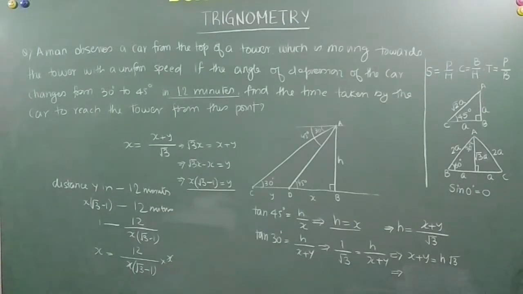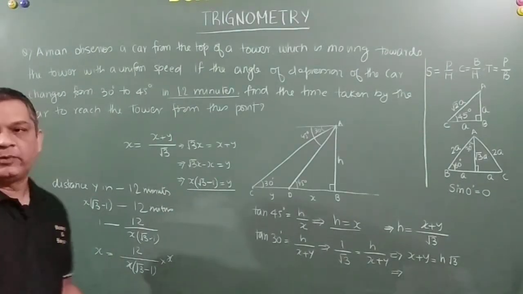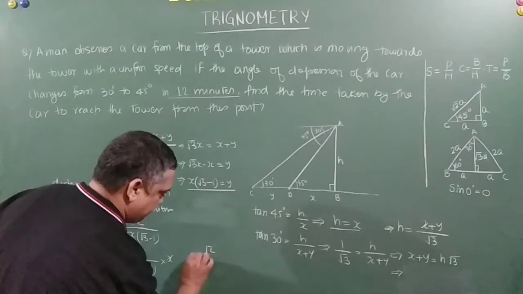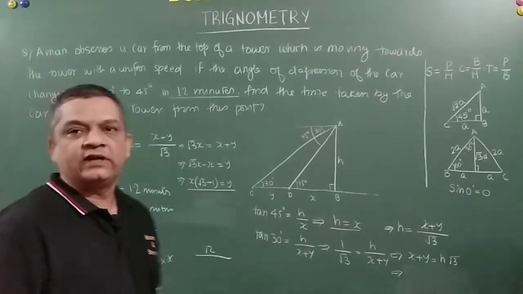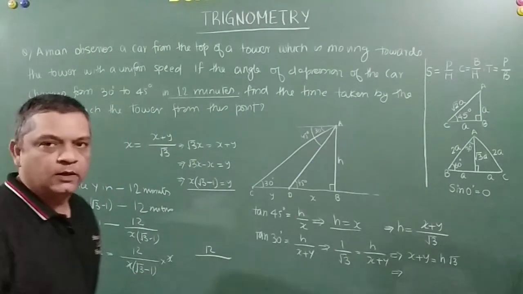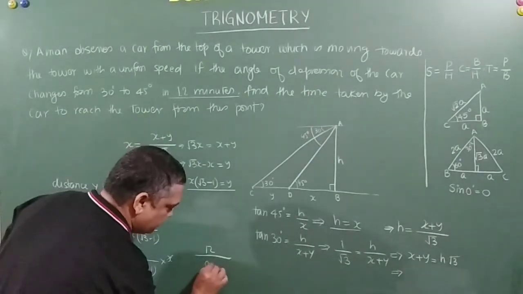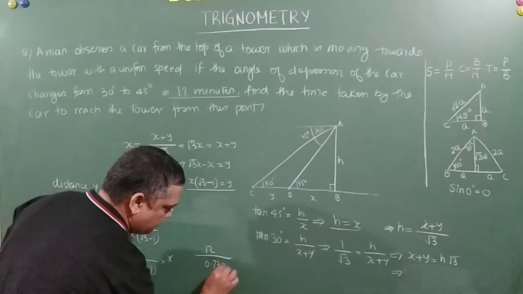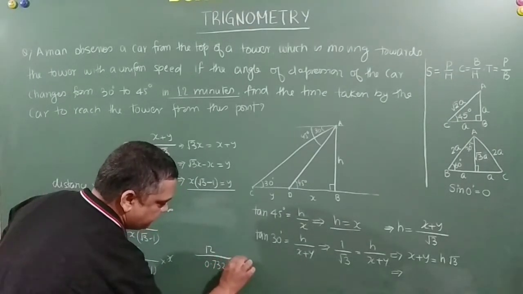That is equal to 12 divided by root 3 minus 1. Root 3 is 1.732, so root 3 minus 1 will be 0.732 minutes.